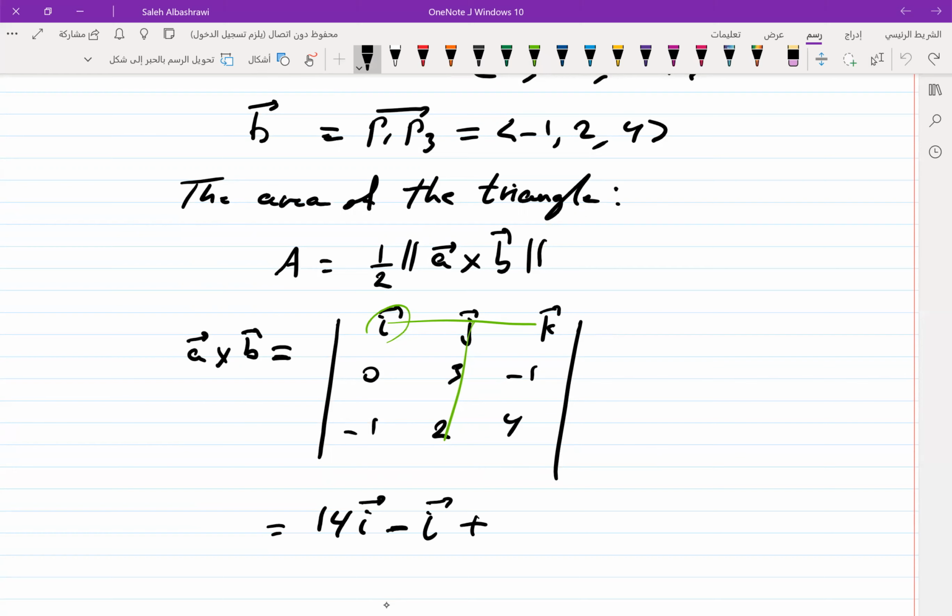The third one is plus k: 0 times 2 is 0, minus 1 times 3 is minus 3, so it is 0 minus minus 3, which is 3k. So this is 14i minus j plus 3k.